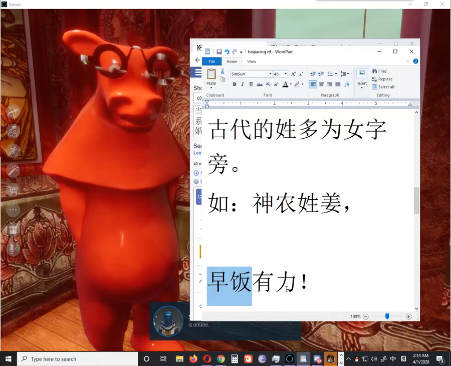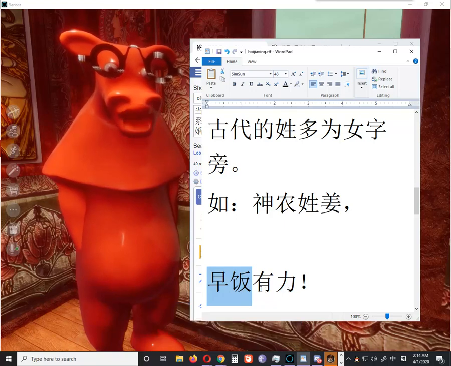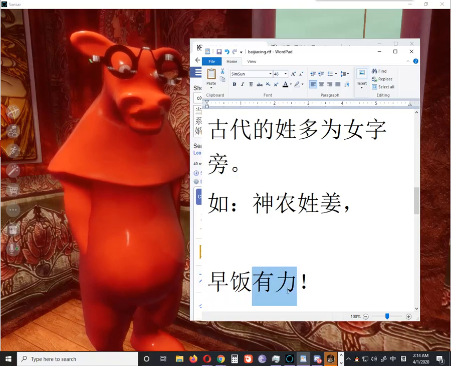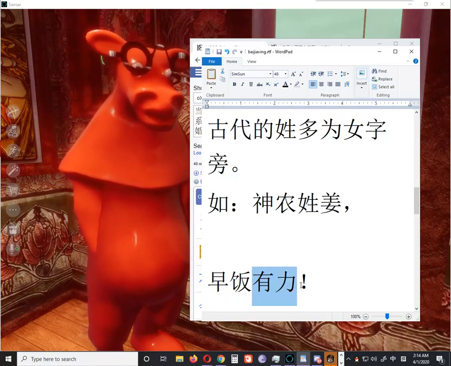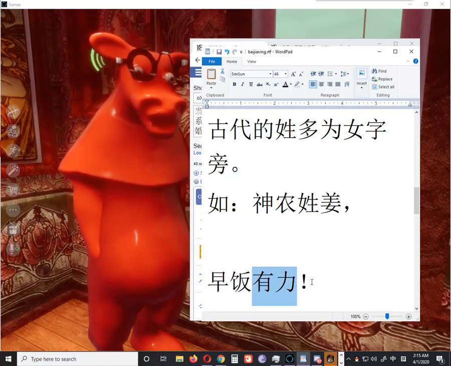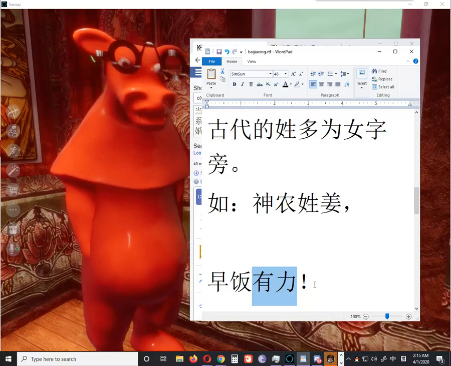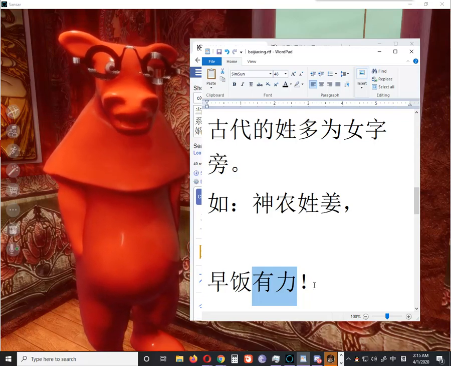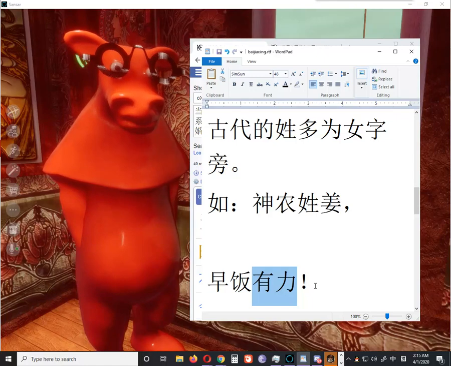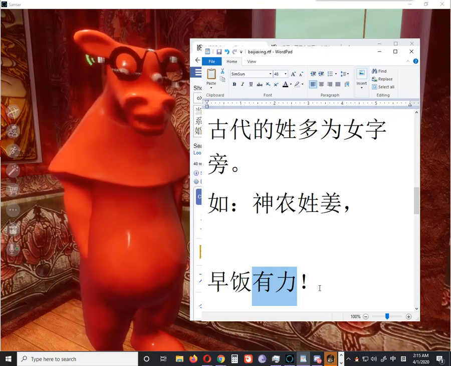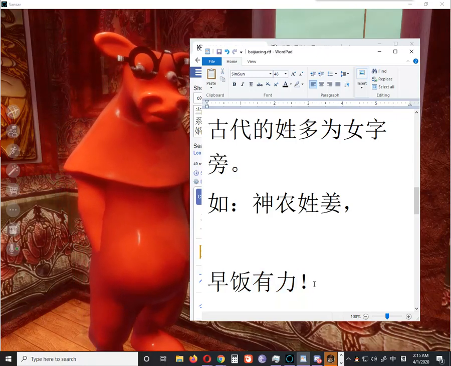Okay, 力量, power, right? So it has power. Okay, so this is the humorous thing about Chinese: when you pronounce it the wrong way, not only do they not understand you, but you said something different.